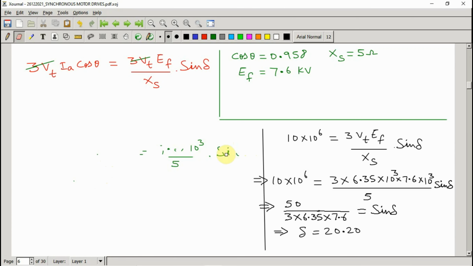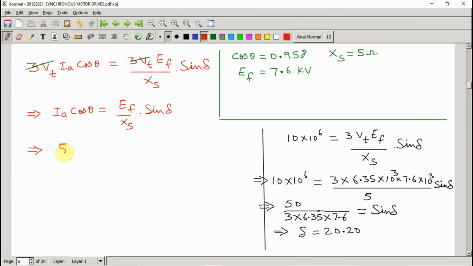So let us calculate the value of the power factor, and we will just cross check it. We have already calculated earlier what the power factor is, but we would like to cross check this. So from here, 3 VT cancelled. This is IA into cos theta, and this thing is EF divided by XS into sin delta, right?